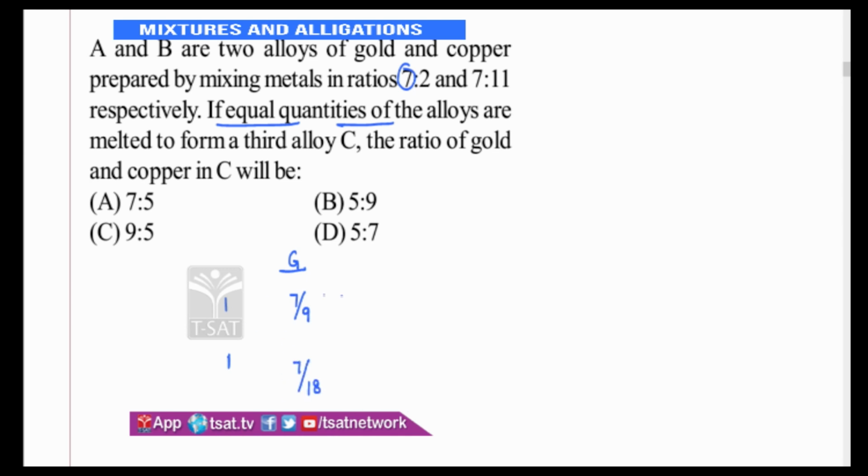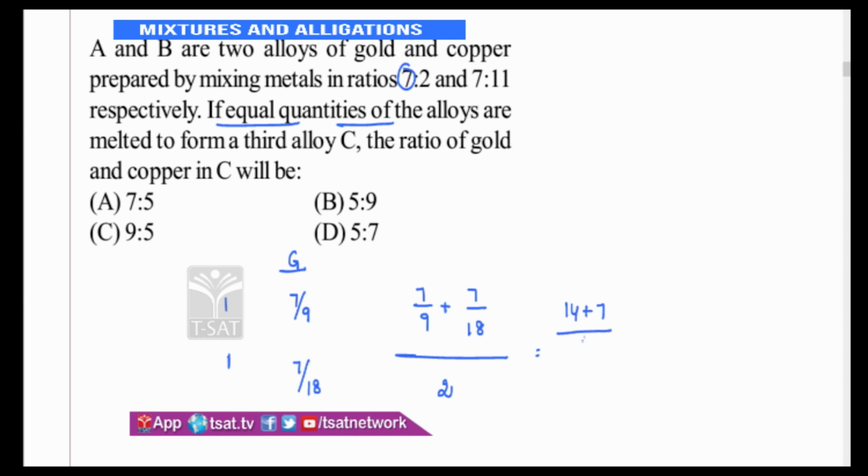In the resultant mixture, the formula says N1A1 plus N2A2, divided by what? Divided by N1 plus N2, that is 2. So 1 into 7 by 9, plus 1 into 7 by 18. Take the LCM. LCM gives you 18. So 9 2s are 14 plus 7, 21.